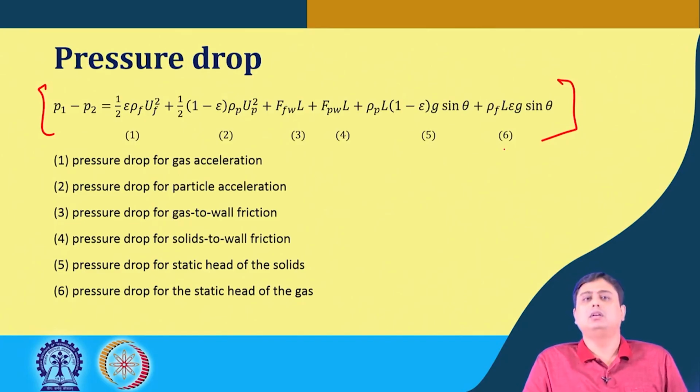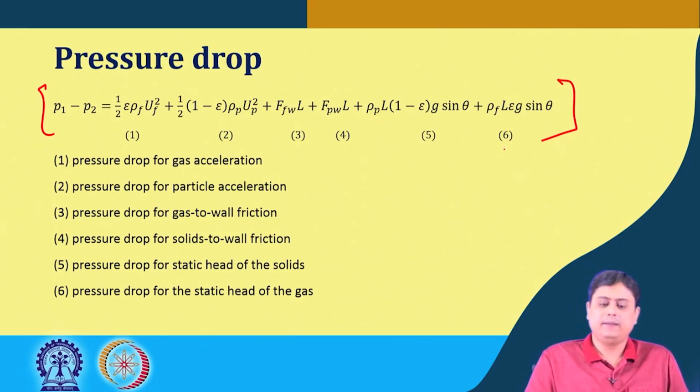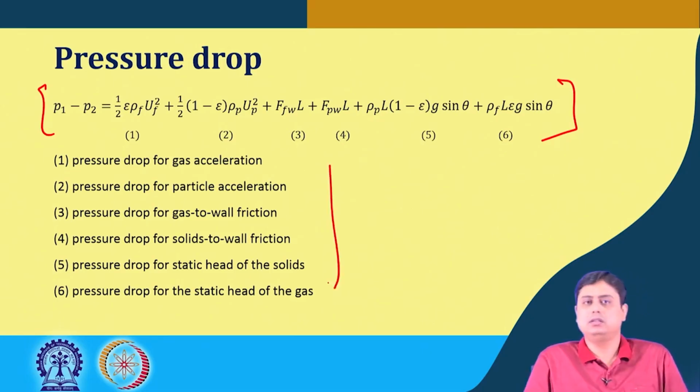Fifth term is the pressure drop due to static head of the solids, and sixth term is the pressure drop resulting from the static head of the gas or the fluid. So these are what we also started with, and we can see that it is indeed the case.